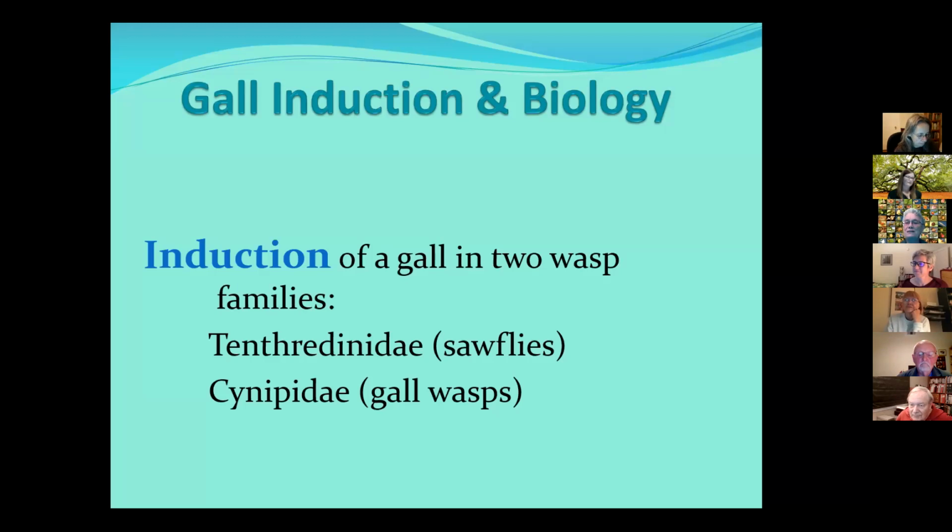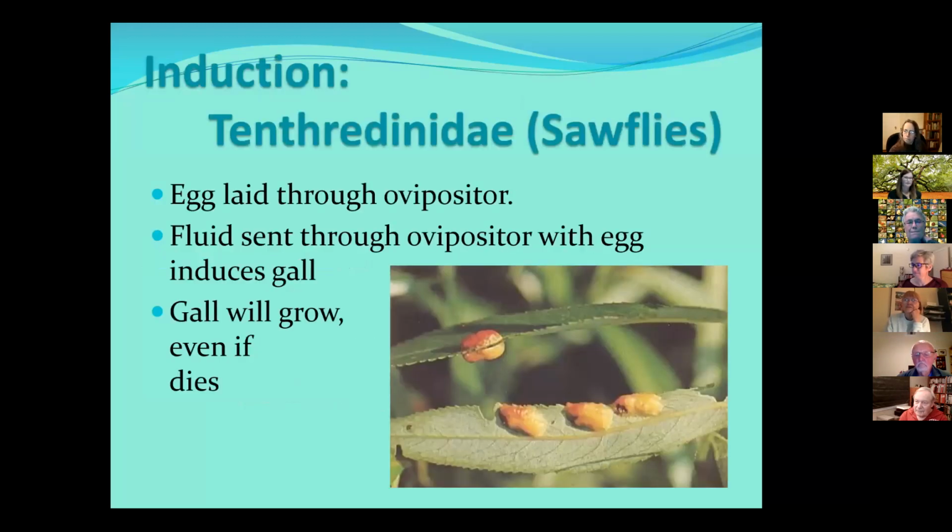But this much we know, and this much I can tell you. We're not sure exactly what the chemical is, but at some point in the ovipositor, the female sawfly puts down a fluid made in her accessory gland, goes with the egg, and it causes the gall to start growing.